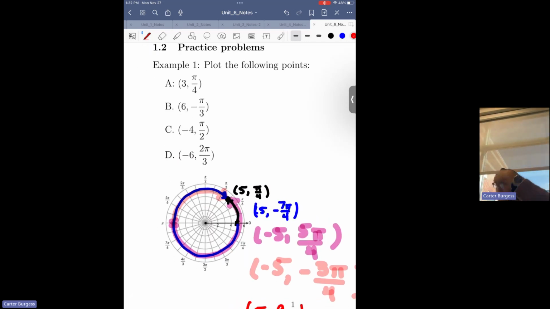We're going to look at how they are related, but they are not that easily related, where having a negative r value doesn't automatically put us in quadrants like 2 or 3. Having a negative theta doesn't automatically put us in quadrants 3 or 4. It just messes around with the instructions that we're following. It changes the directions that we have to move, but we can't necessarily draw conclusions about where we end up.